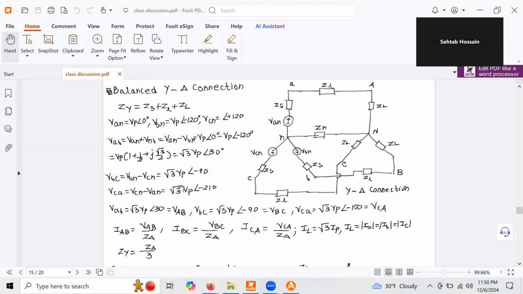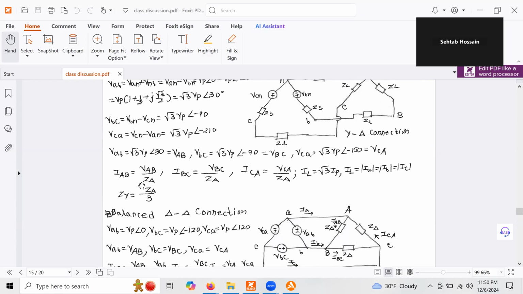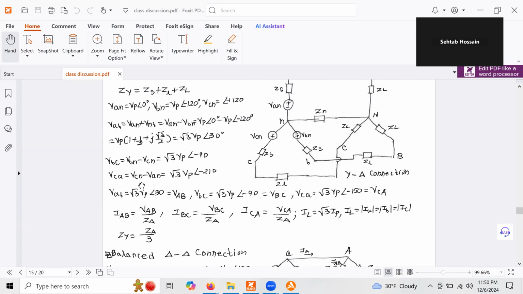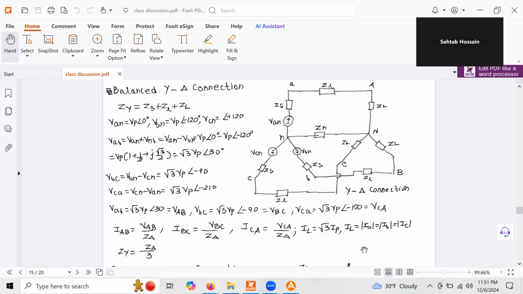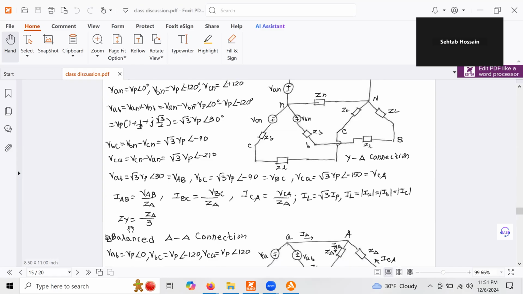So the line current, and this is the load current over here, 3 times IP, and the load current will be equal to IA, IB, and IC, the line current. And ZY will be as usual Z delta over 3.